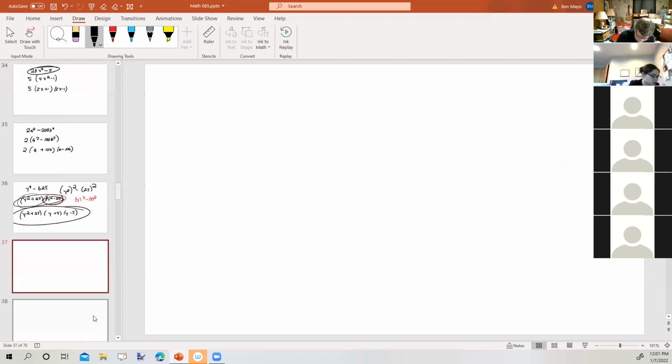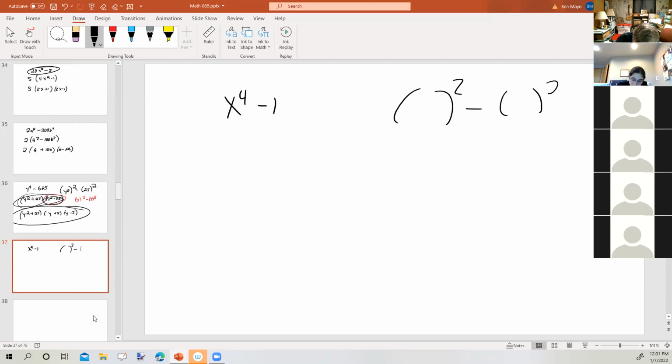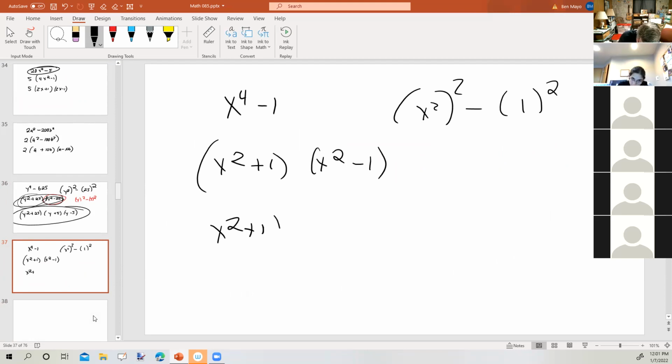All right, how about this one? Well, I could write that as x squared squared and 1 squared, and I'd get x squared plus 1, x squared minus 1. Well, I can't factor x squared plus 1 any further, but x squared minus 1 is x squared minus 1 squared.